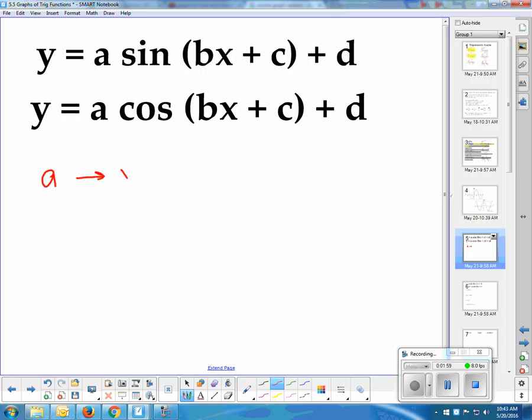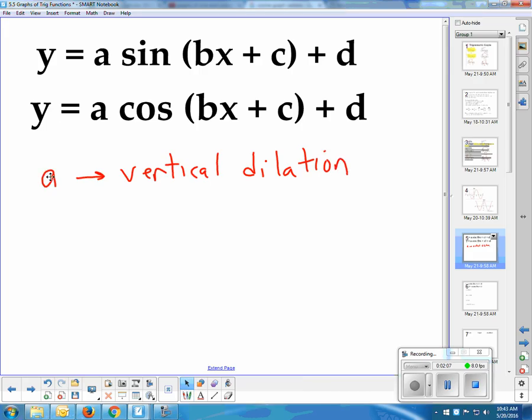A is going to give us a vertical dilation, a vertical stretch or shrink, as the case may be. And this would affect what we call the height of the graph. In terms of trigonometric functions, we call that the amplitude.